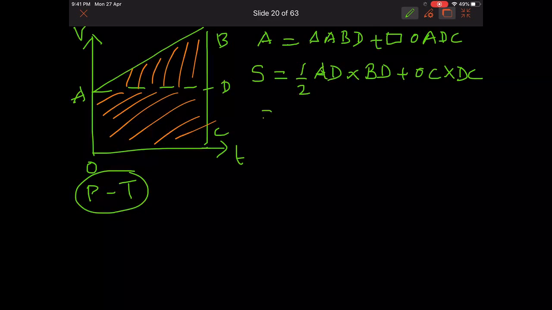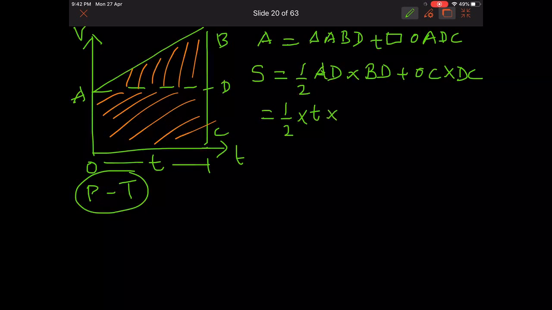Now let's substitute the various values. When I substitute, half into AD into BD, half I will write as it is. What is my AD? My AD, I can write it as T. Why? Because AD is parallel to OC, so AD is equal to OC, which is time. So I can write half T into. Now what is BD?